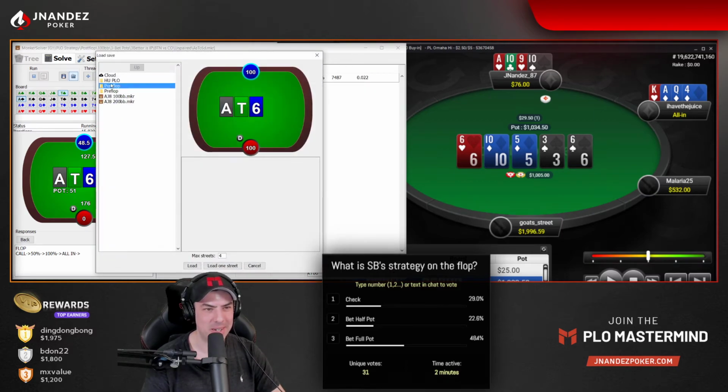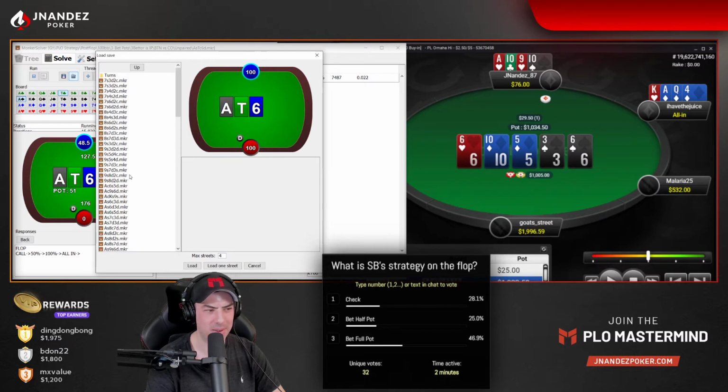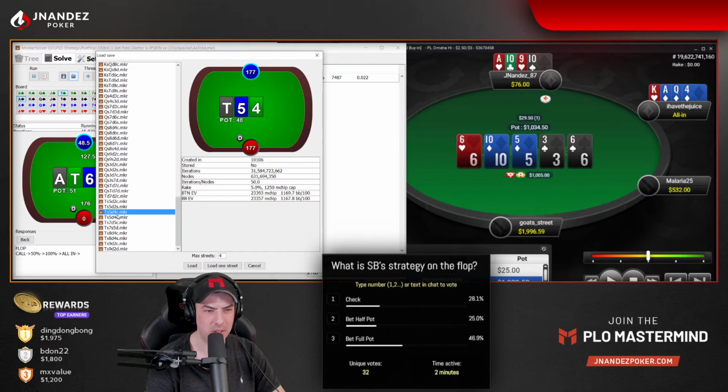Okay, well, let's pull up this sim here. 3 bet pot, 3 bettor out of position, small blind versus button. 10-6-5. I think we have 10-5-4, it's a little bit different.